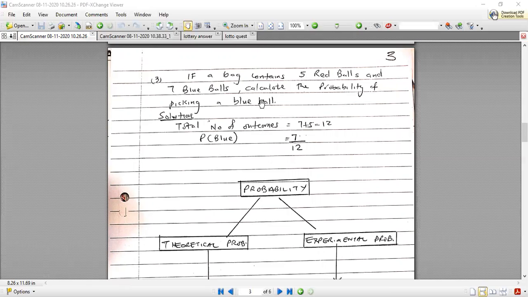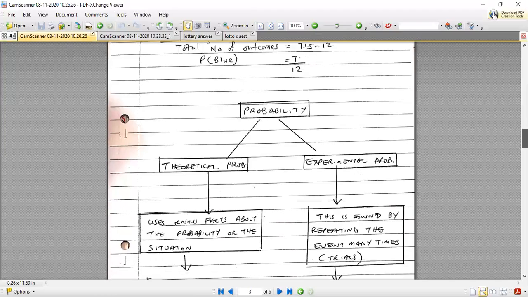And the total number of outcomes, or balls in the bag, is 7 plus 5, which is 12, as you can see in our solution. So the probability, this is how we write it, P of blue, meaning picking the blue ball, probability of blue ball is 7 over 12. I'm sure you found that example easy.